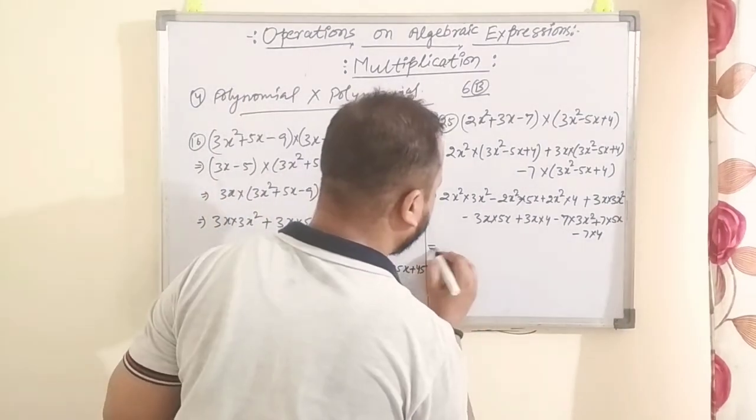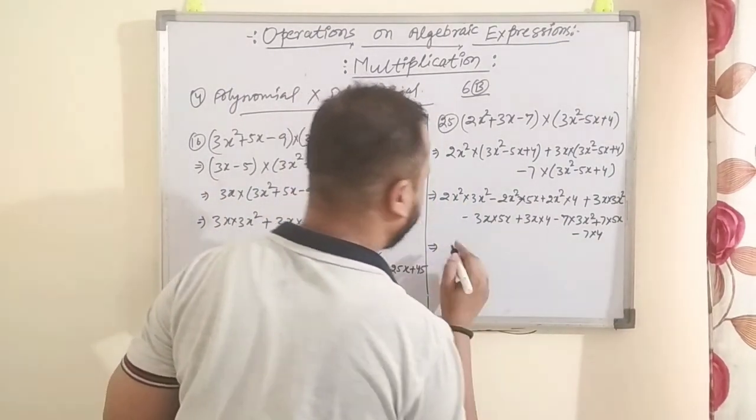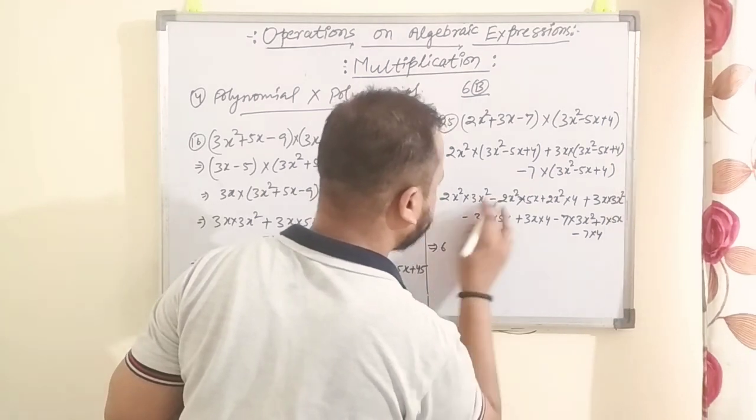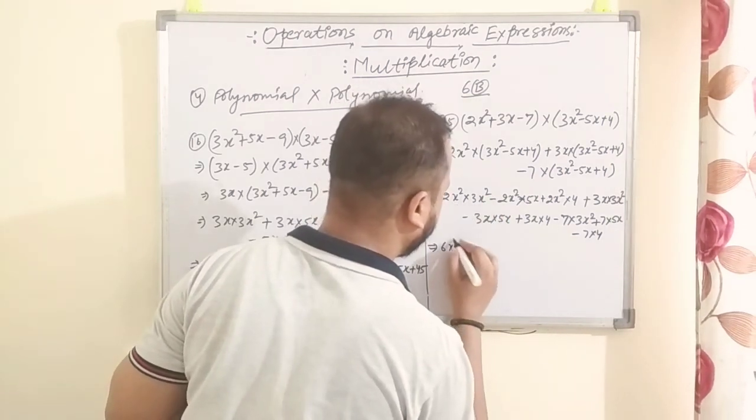Right? So first multiply the constants, then the variables. So 2 times 3 is 6, 6x power 2 and x power 2 is x power 4.